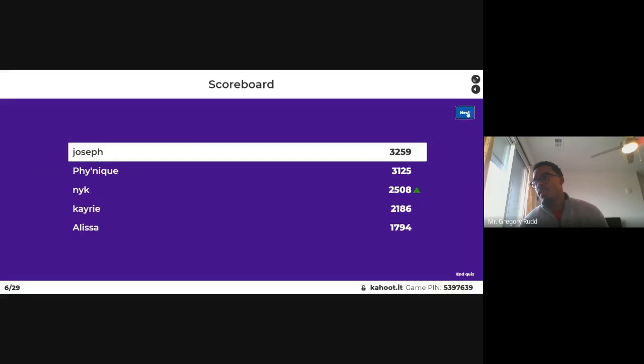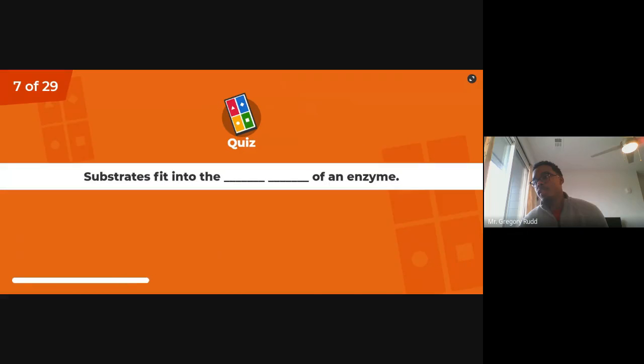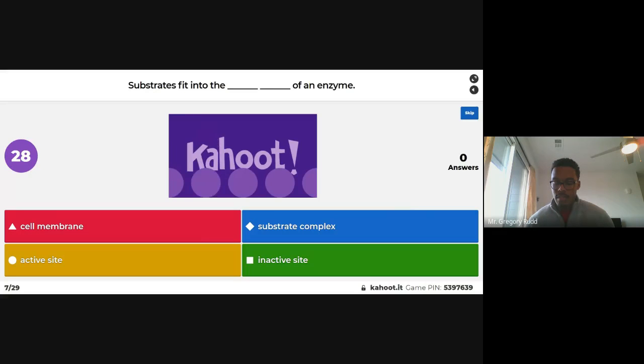Come on, folks. Substrates fit into the blank blank of an enzyme. Substrates fit into the blank blank.